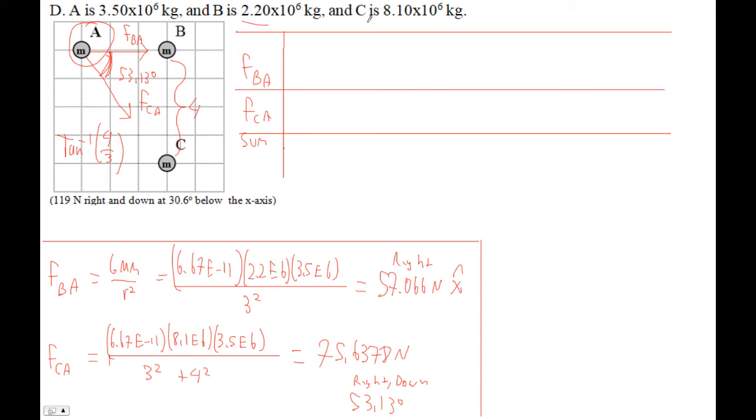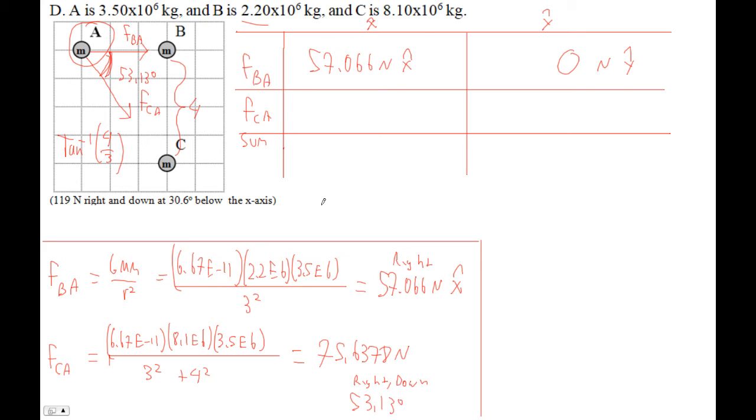All right, here's the X component, Y component. All right, here we go. Okay, so let's see, FBA. This is easy. This is all to the right, 0 in the Y direction, right? None of it's in the Y direction. So this is 57.066 newtons in the X direction, plus 0 newtons in the Y direction.